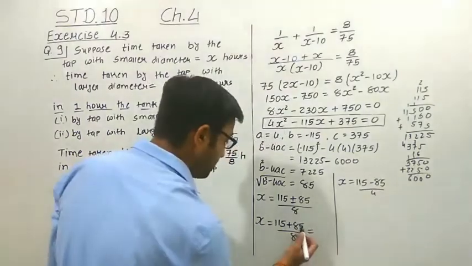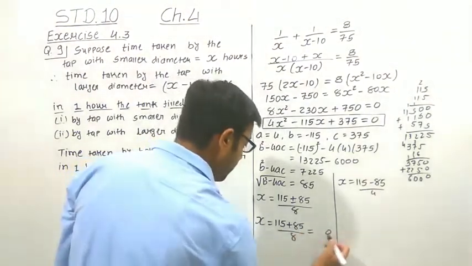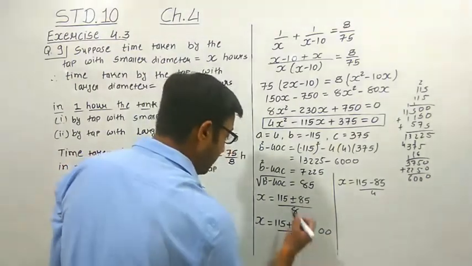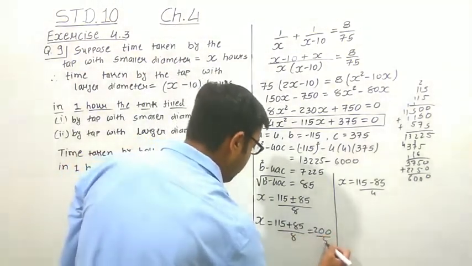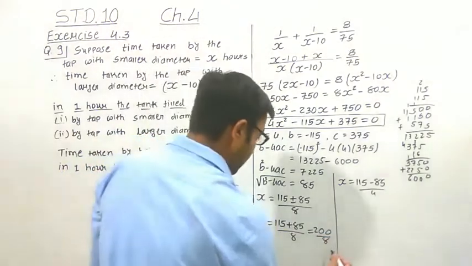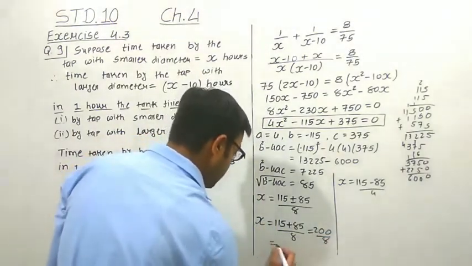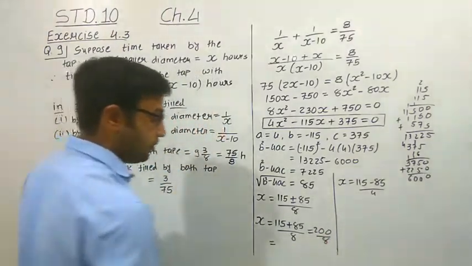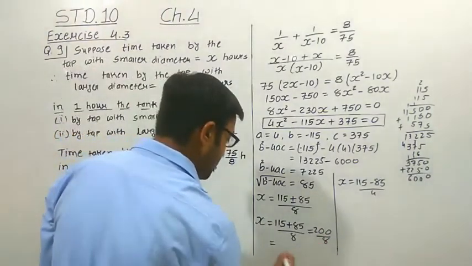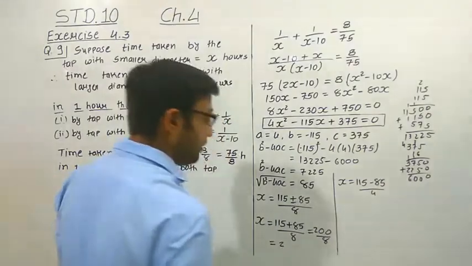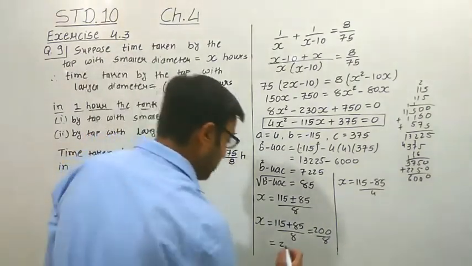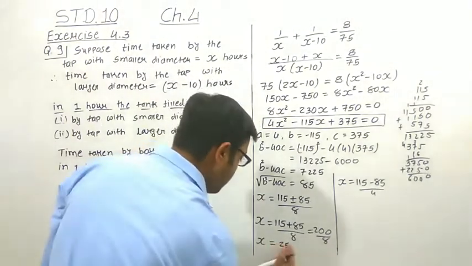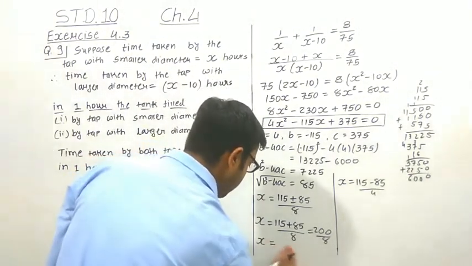The addition gives 200 upon 8, and 200 divided by 8 gives us x equal to 25.